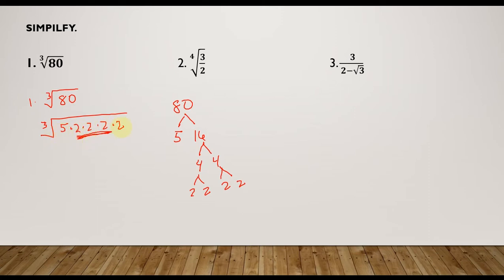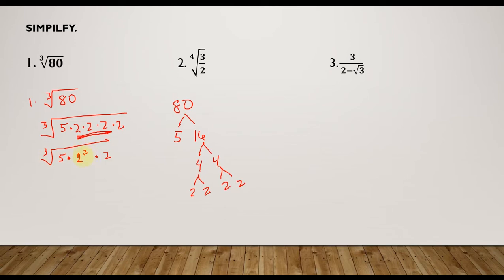Unlike 5 and 2, we're going to write that separately. We're going to have here 5 times 2 cube, then times 2. As you can see, we have now an index 3 and an exponent 3.